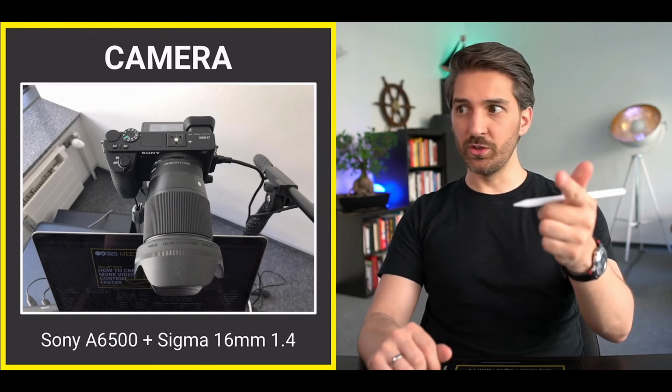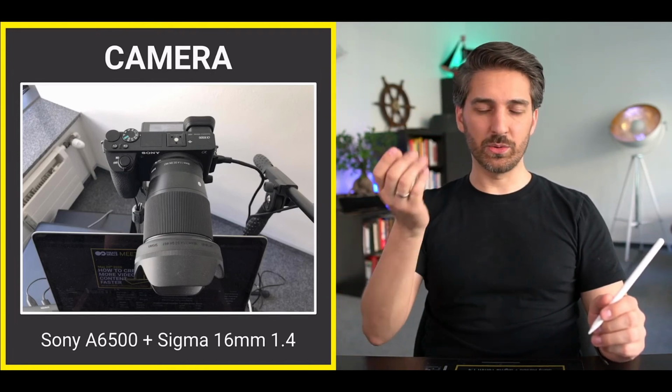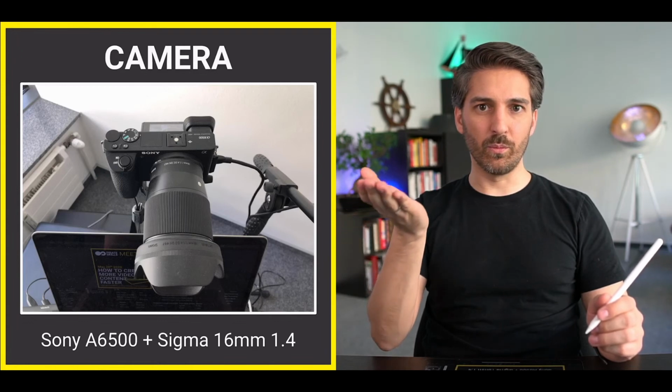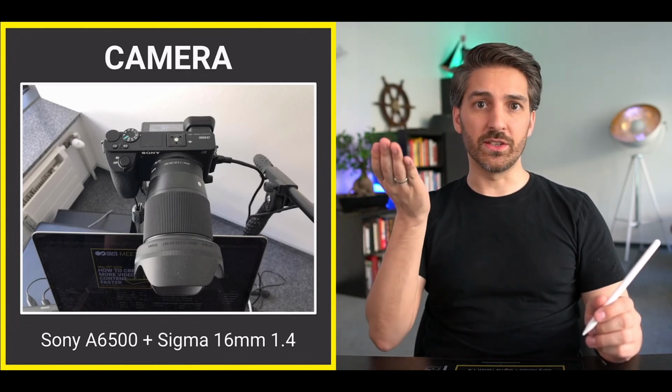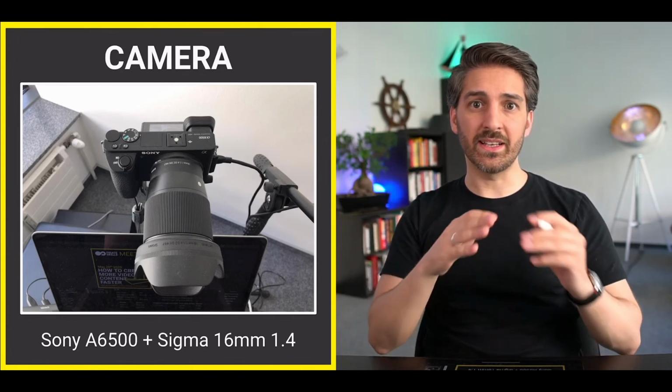I right now use it only in 1080p because it's unrealistic to stream in 4K. It has the ability to connect to my computer with a video capture card. Yeah, it has a clean HDMI output, and it has, of course, the ability to add real lenses to it.